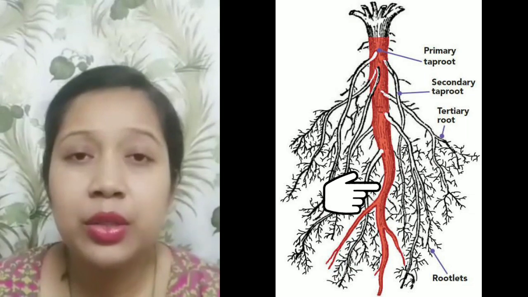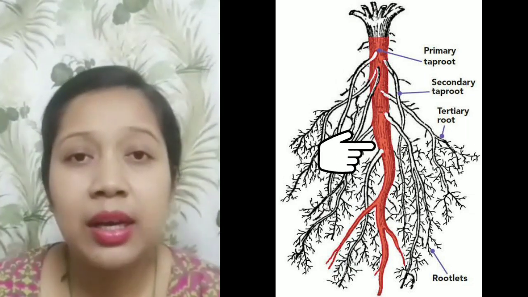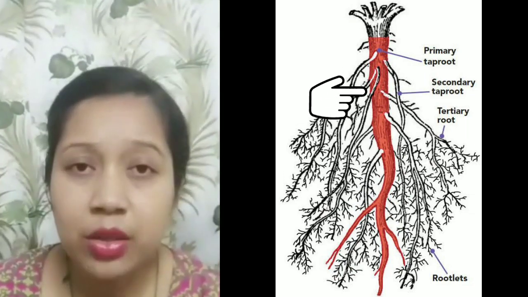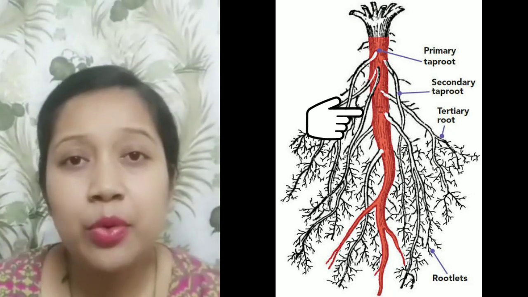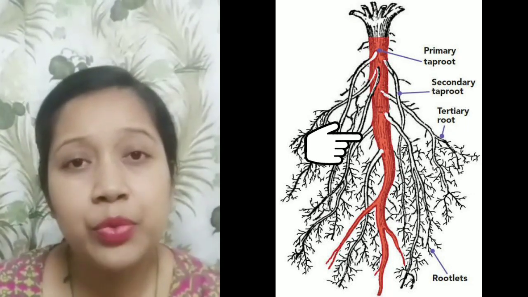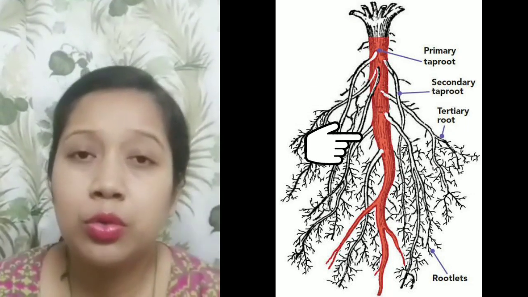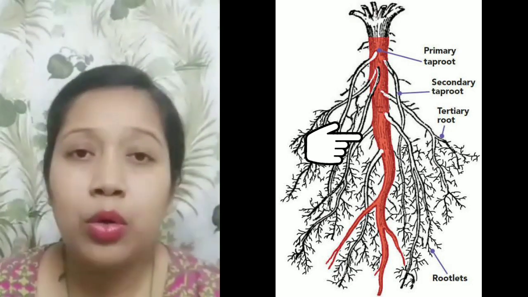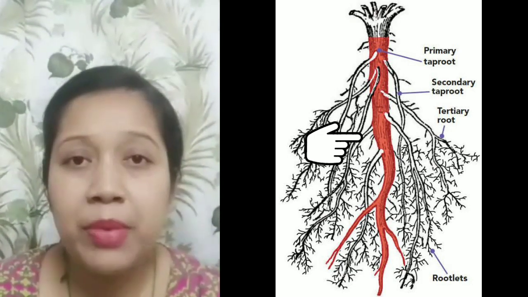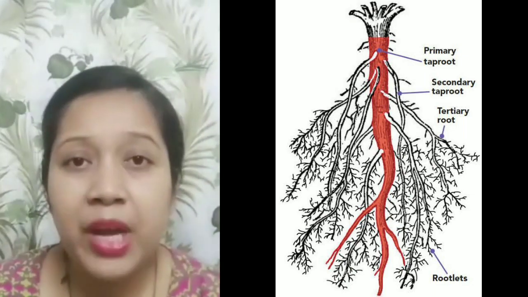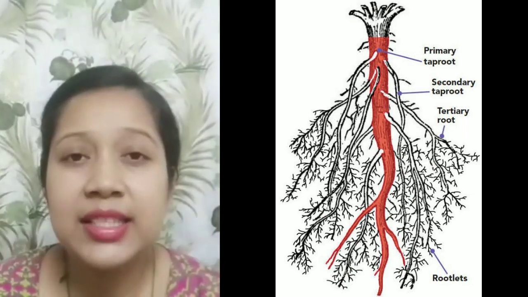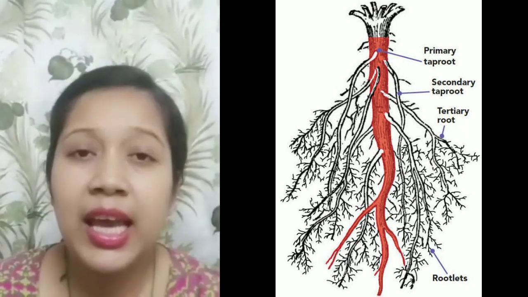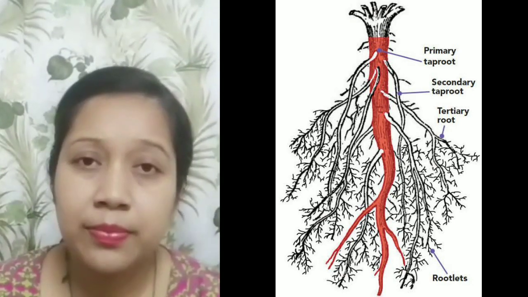Taproots were those which are born from the radicle of the embryo and grow as the primary root, which continues to grow throughout the whole lifetime of a particular plant body. It has a primary root, and this primary root gets supported by the secondary roots and the tertiary roots.